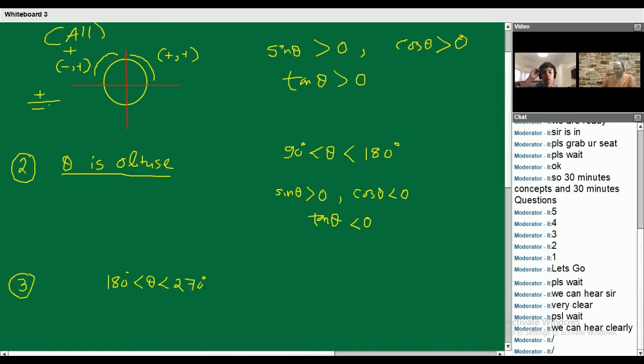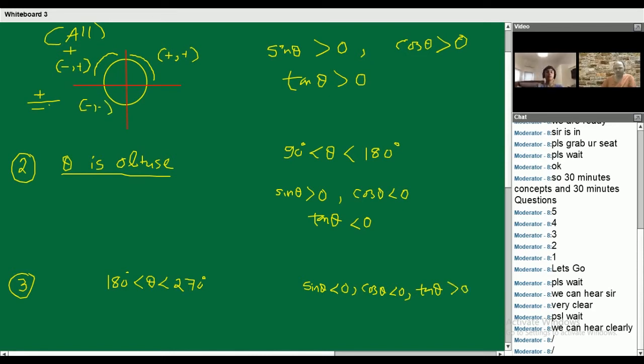It'll be negative. Sin theta is negative, and cos too. And what about tan theta? Negative over negative, that would be positive.